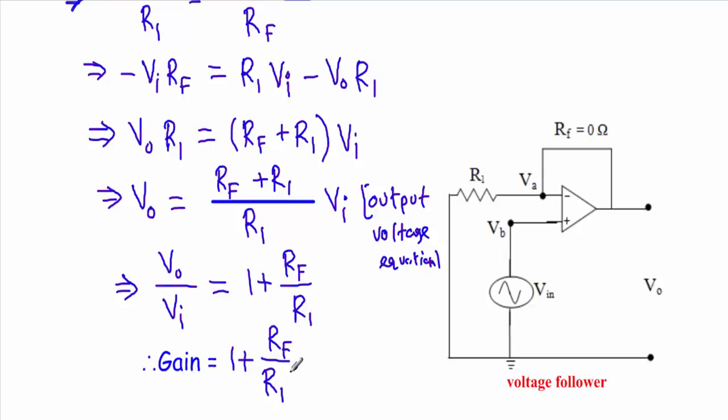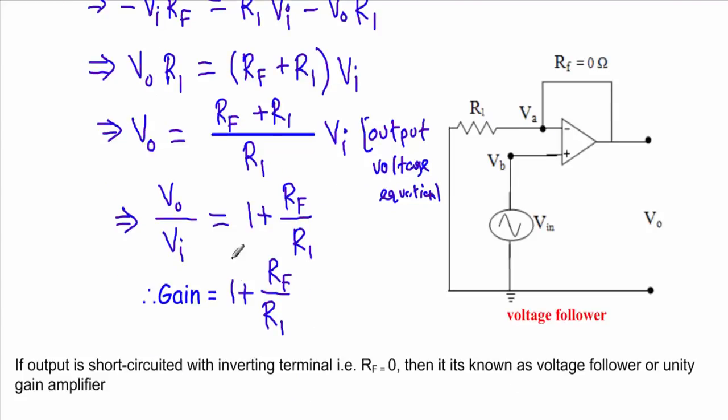Look at the equation of output voltage. When we take the negative feedback, the gain is totally independent of the operational amplifier. Rather, it depends on the feedback resistor and the bias resistor R1.